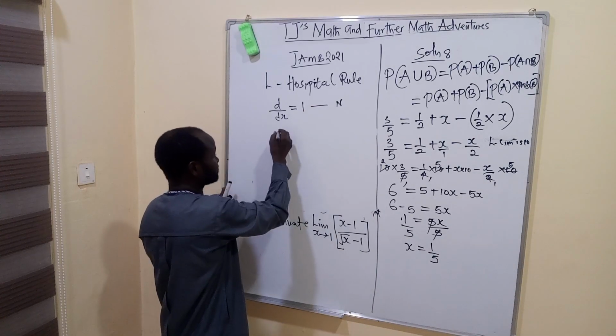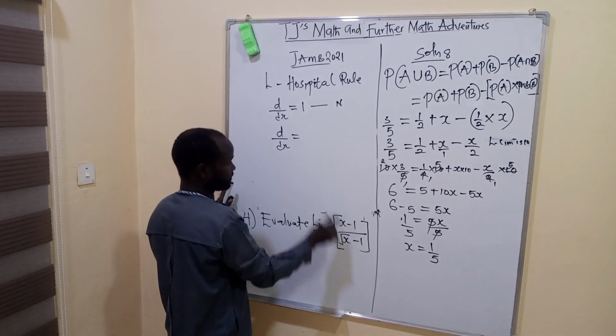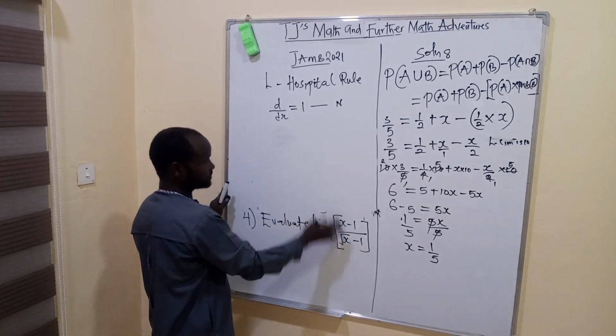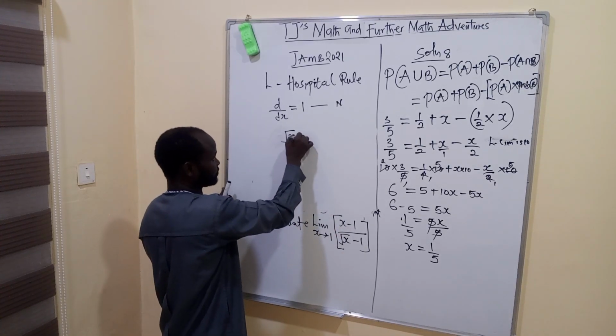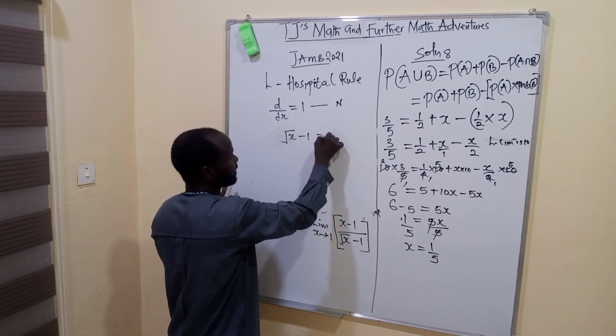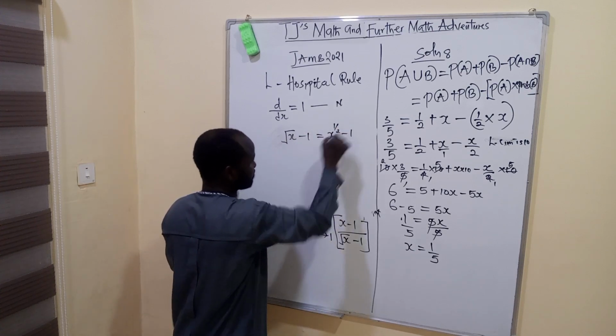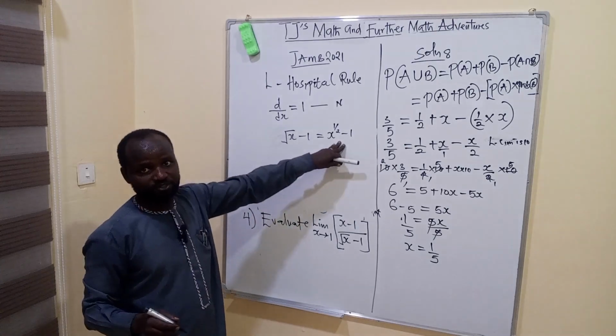So we pick our denominator. What we have is root x minus 1. This is the same as x power half minus 1. This is what we have in the denominator.